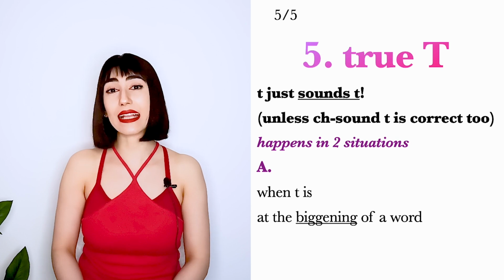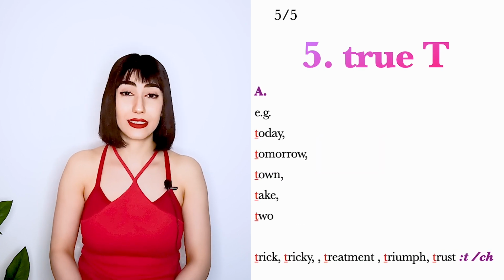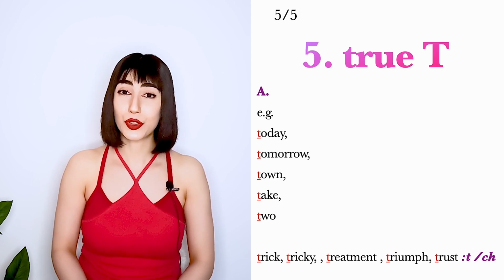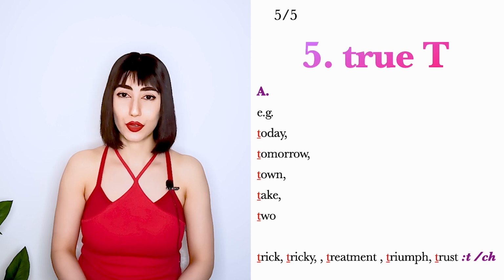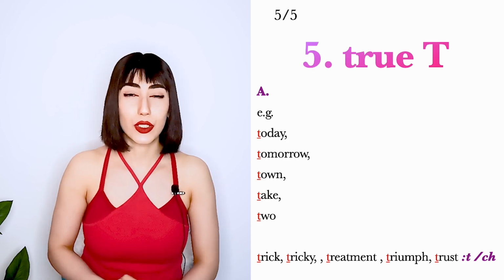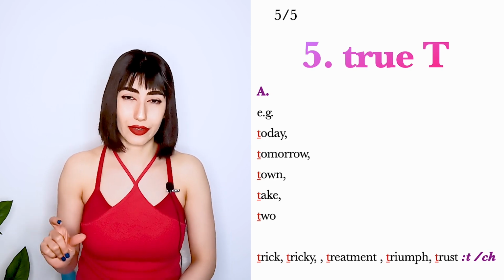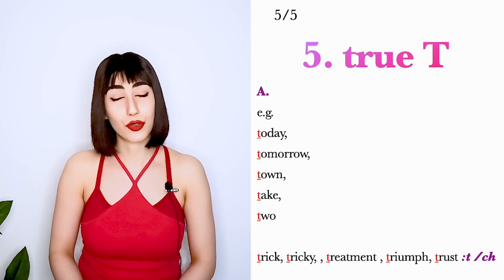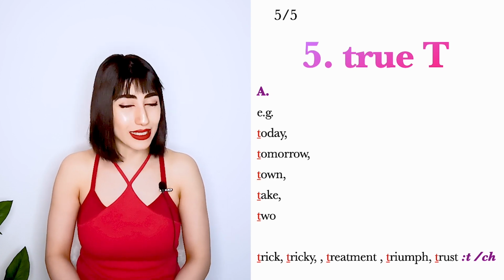First, when T is at the beginning of the word, like in today, tomorrow, town, take, to, trick, tricky, treatment, triumph, trust. Although for this second group, you can see that a rule of having ch sound can be used, in triumph, trust.